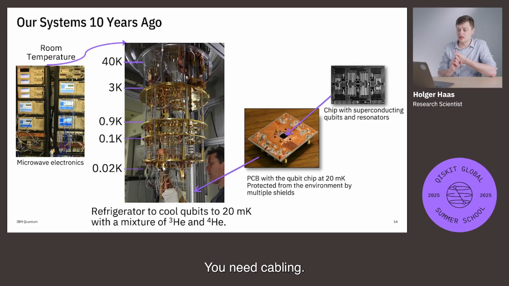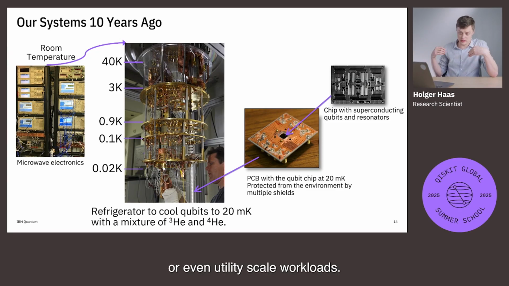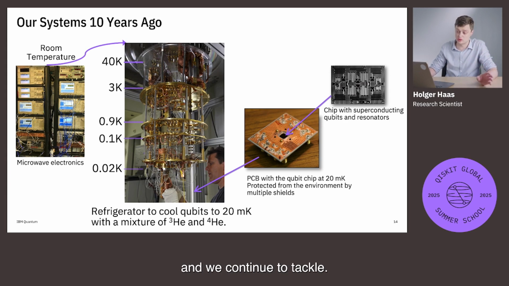You need packaging, you need cabling, you need room temperature electronics, all of which to support scaling this effort up to numbers that can support error correction or even utility scale workloads. And these pose engineering challenges, exactly the kinds of which we've been tackling for the past 10 years and we continue to tackle.